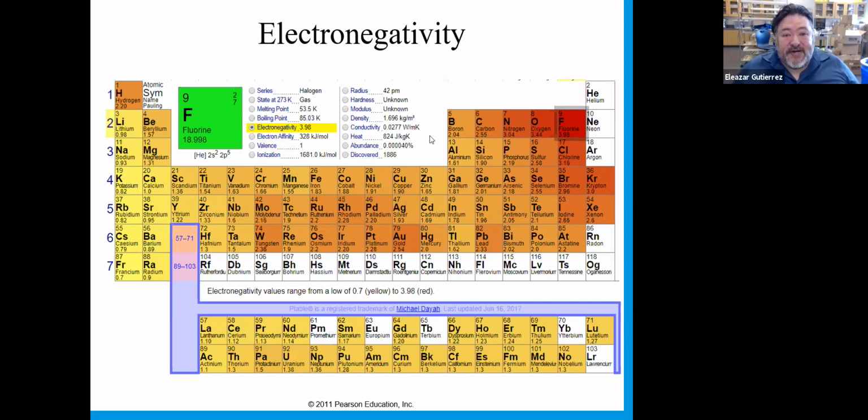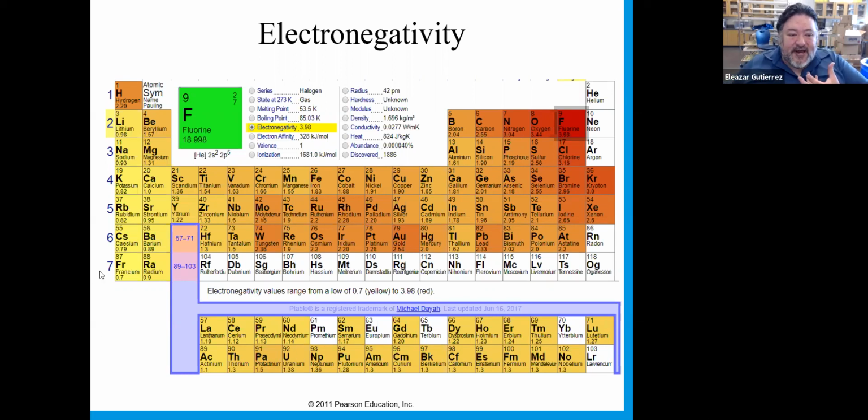What I did is I went to P table, and then I clicked on electronegativity, and it shows the electronegativity of all the elements in the periodic table. The darker it is, the more electronegative the element is. What is electronegativity? It can be defined as electron hunger, the ability to pull electron density towards itself, okay?